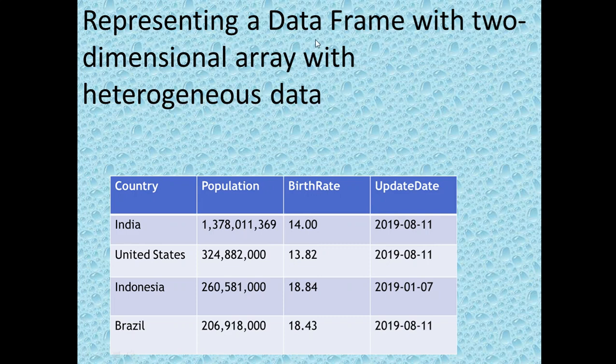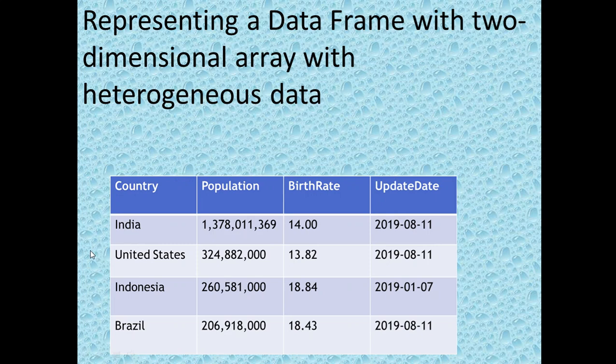When you create the data frame in memory, or when you access its data, it will be displayed in this particular table type of structure, which I have drawn, where these are the rows, 1, 2, 3, 4, and these are the columns: country, population, birth rate, and update date. Isn't it a 2D structure? Yes, it is a 2-dimensional structure. 2-dimensional means 2 axes, the rows as well as the columns.